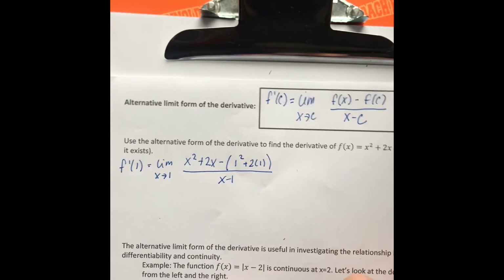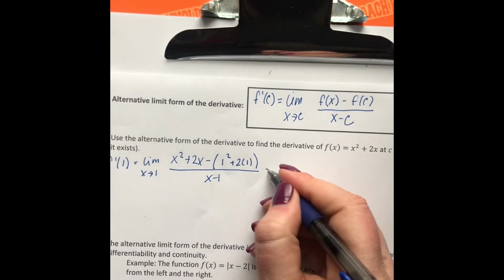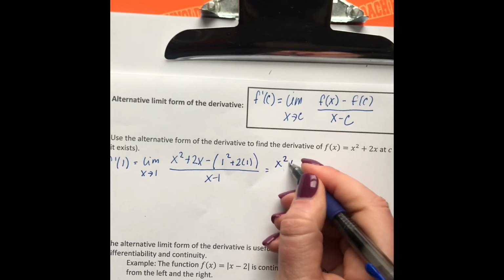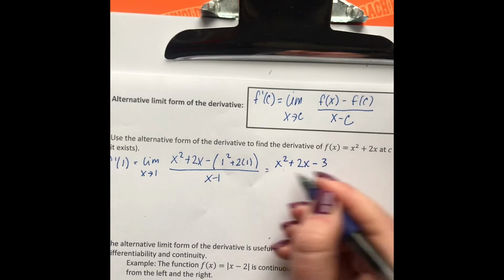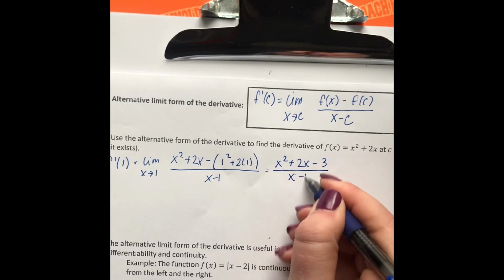Now let's do a little bit of math to simplify this. We have x squared plus 2x minus, this is 1 plus 2, so 3, all over x minus 1.